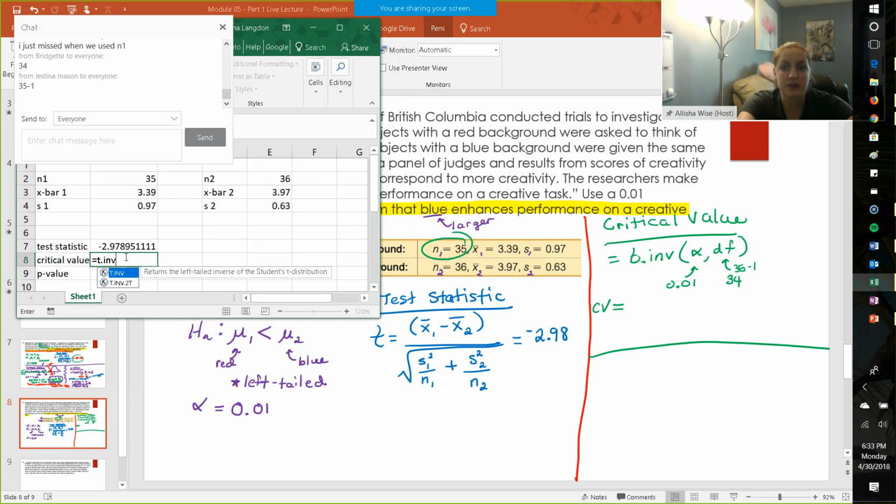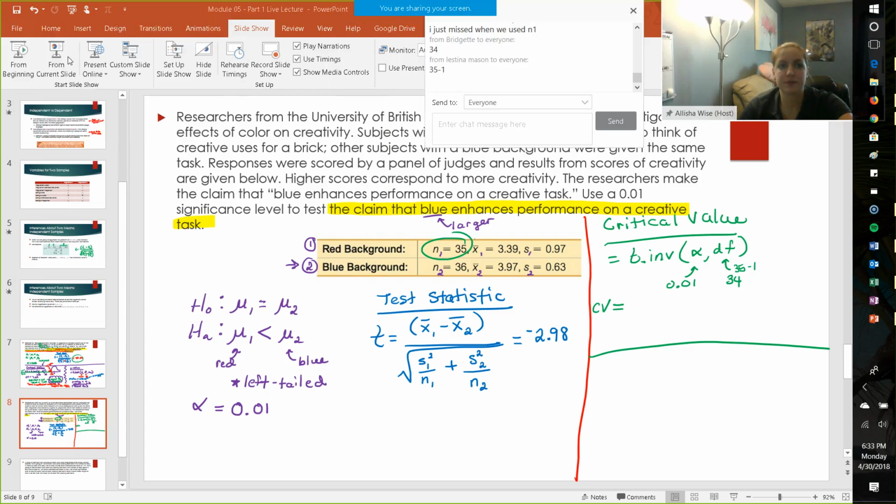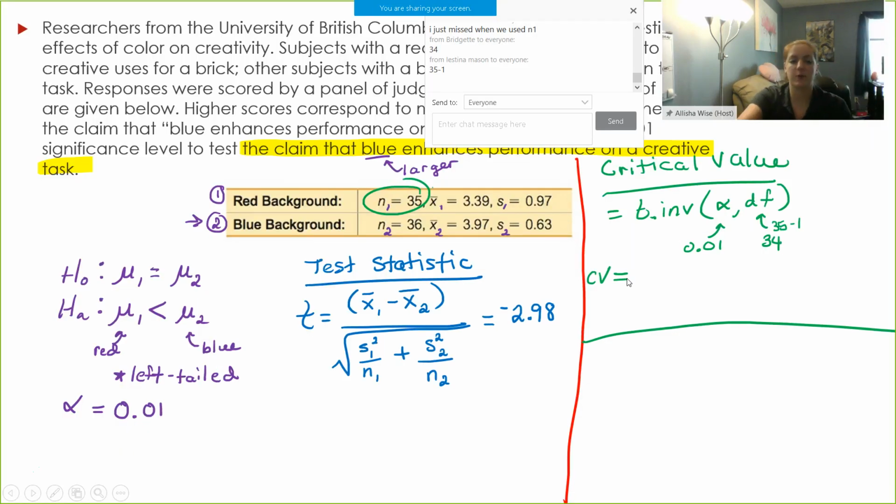T dot inverse, 0.01 is our alpha. Degrees of freedom are 34. Hit enter. Negative 2.44. So this one's actually a close one. This one's pretty close. See how that works out there.